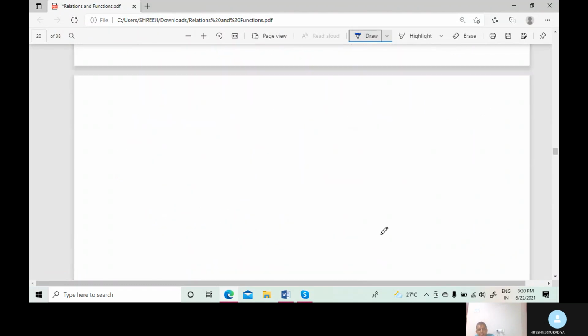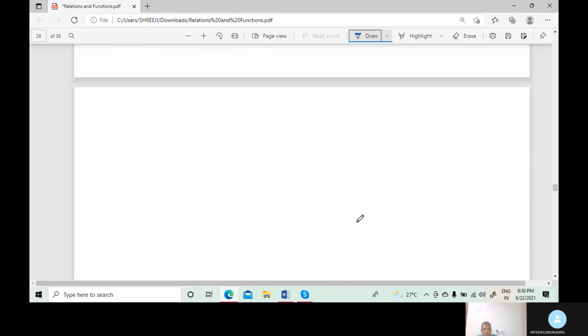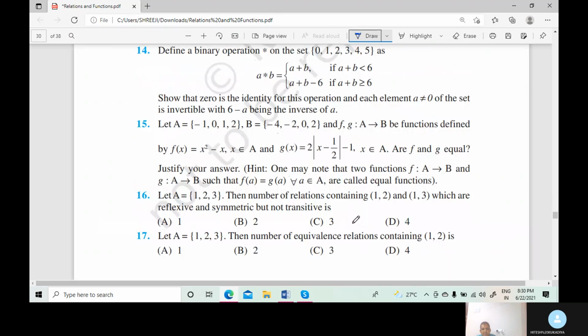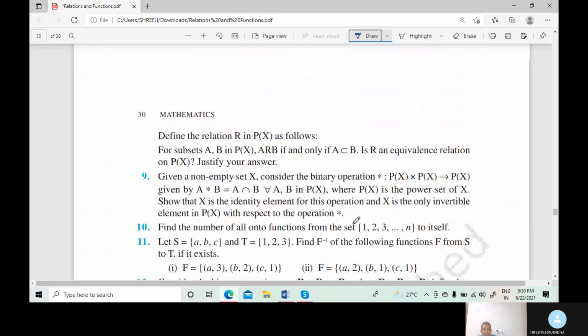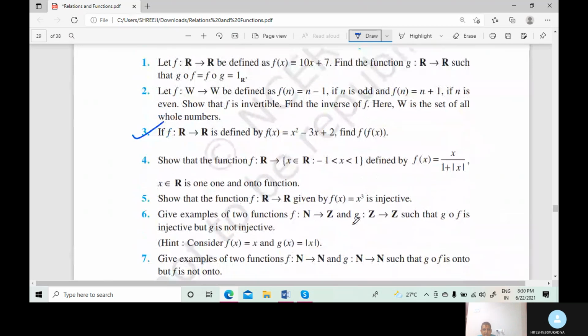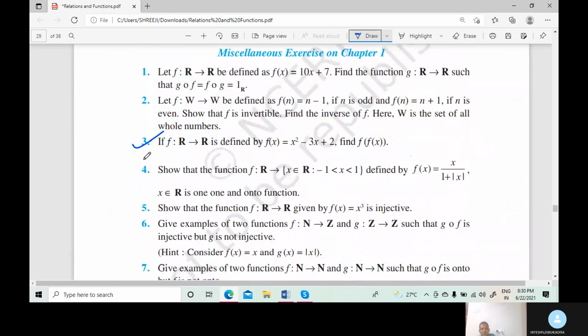Now we discuss the miscellaneous exercise. Look at your miscellaneous exercise. I think one of the sums is given for composite function. Look at the exercise here. I think tick mark, yeah. For the quadratic equation, question number 3.